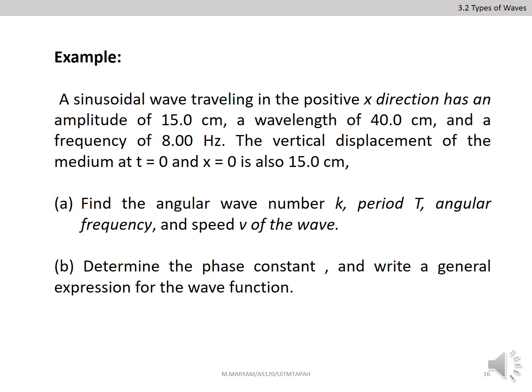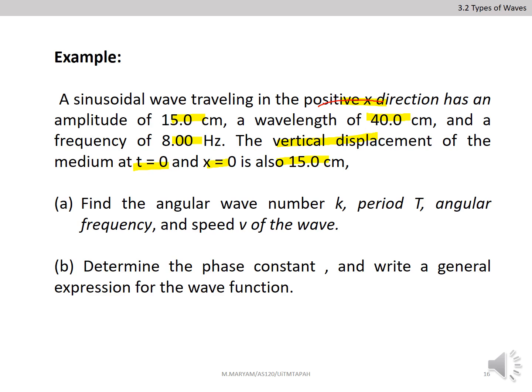Then let's proceed with an example. A sinusoidal wave traveling in the positive x direction has an amplitude of 15 centimeters, wavelength 40 centimeters, and frequency 8 Hz.